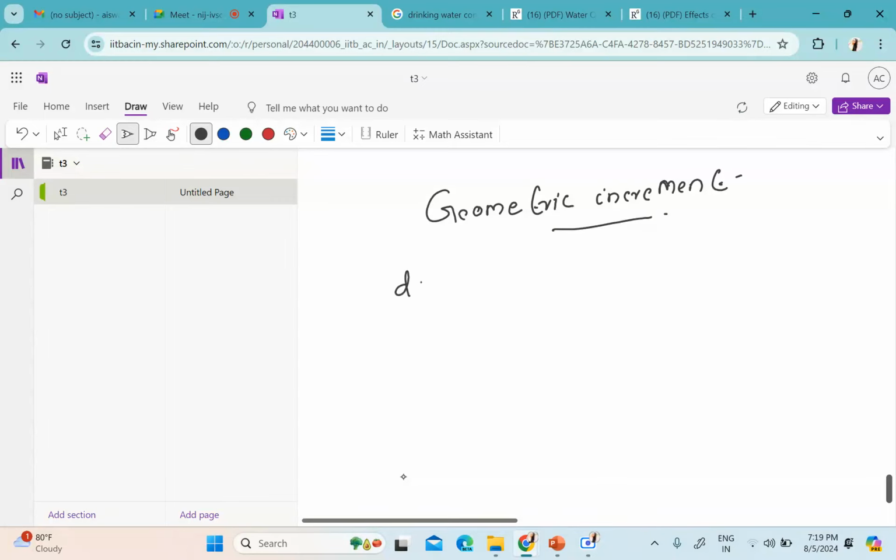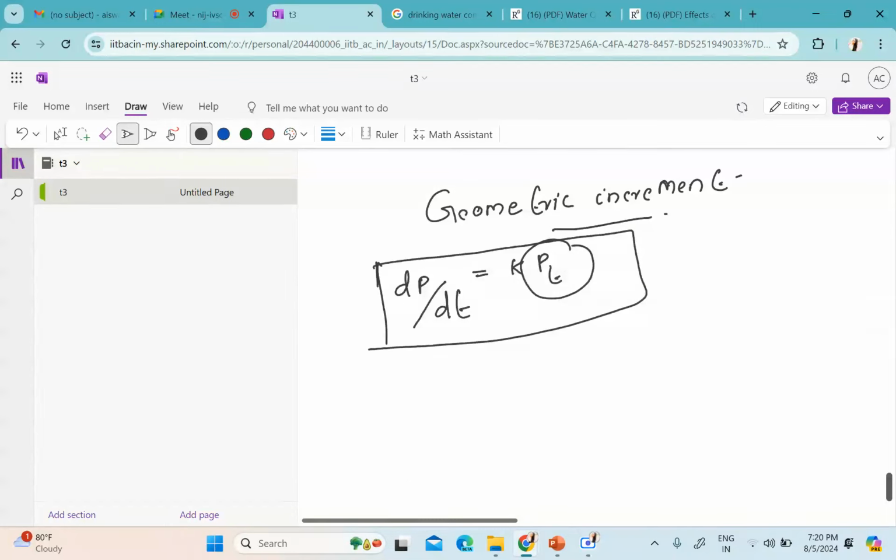Here dP/dt is equal to K times P_t. That is the percentage. So here we have to calculate the percentage of each year, the time gap, and that percentage remains constant in this case.